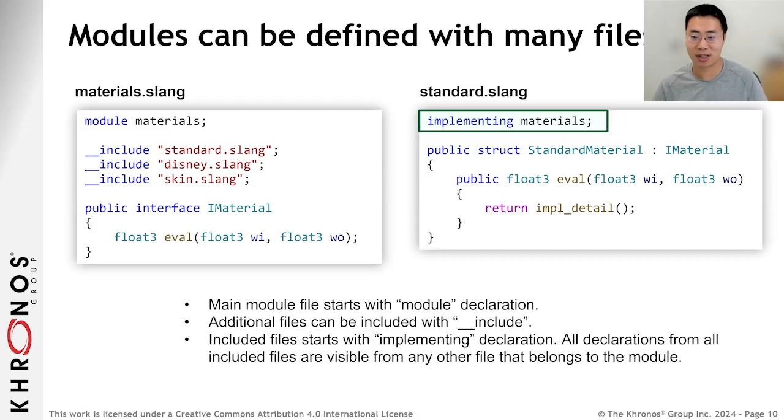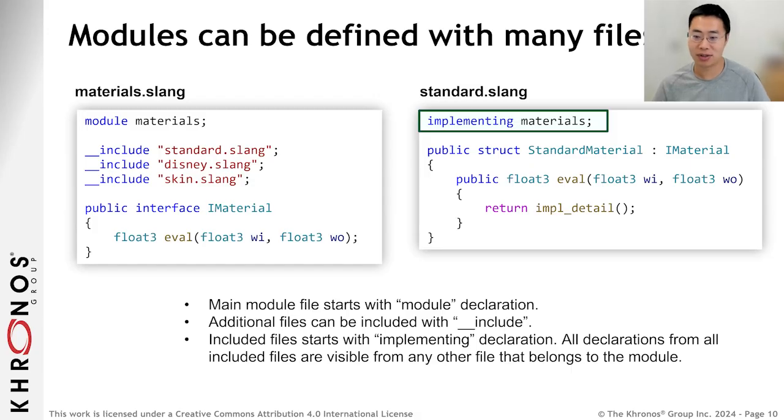The reason for requiring this implementing declaration is to make it very clear that the file belongs to some specific module. It also enables IntelliSense to automatically discover all other declarations in the same module when you edit this file. So for example, here the IntelliSense will be able to highlight this iMaterial type in standard.slang, even though that iMaterial type is not defined in this file.